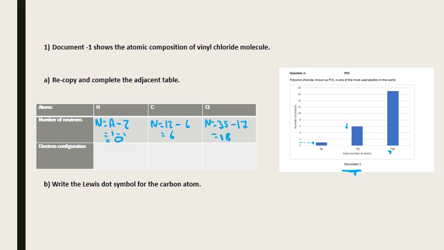Then we have to write the electron configuration. Now they've given us the number of protons, so we're going to write here in a neutral atom number of protons equals number of electrons. Okay, so we've got H1, number of protons for hydrogen is 1, so we write K1.